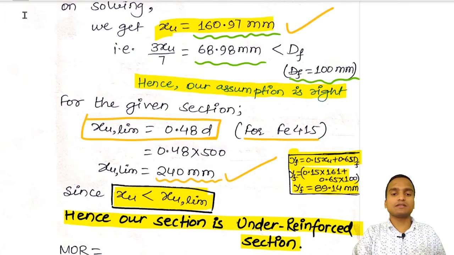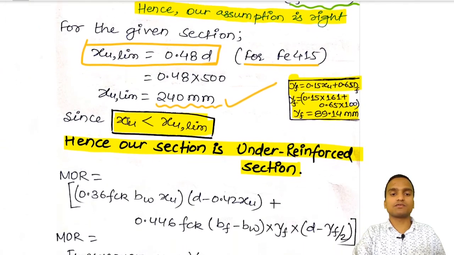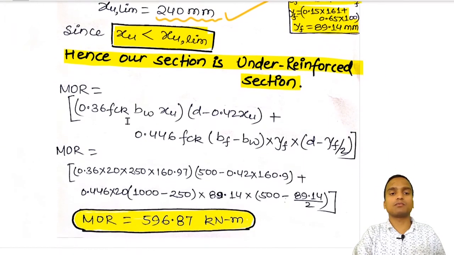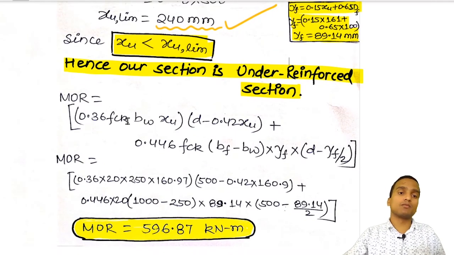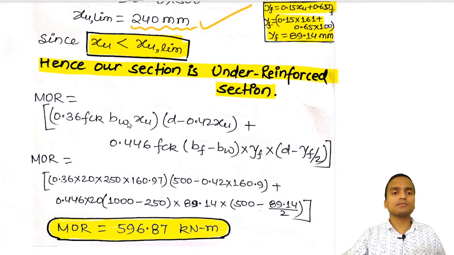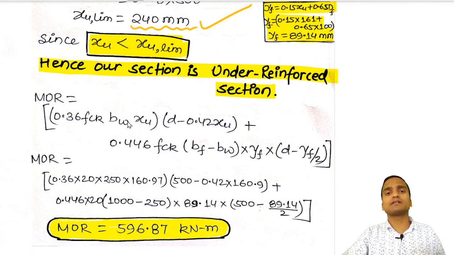In this case of under-reinforced section, now we have to calculate the moment of resistance. The moment of resistance can be calculated using the compression side formula. We multiply the corresponding compressive forces with their corresponding lever arms.